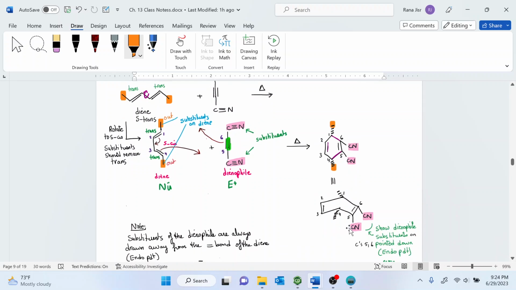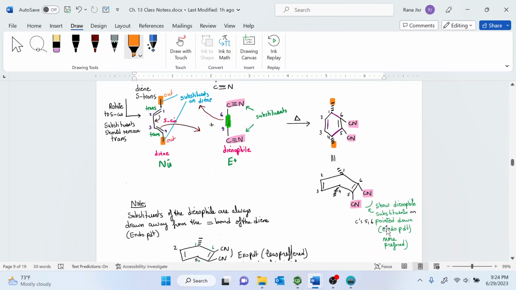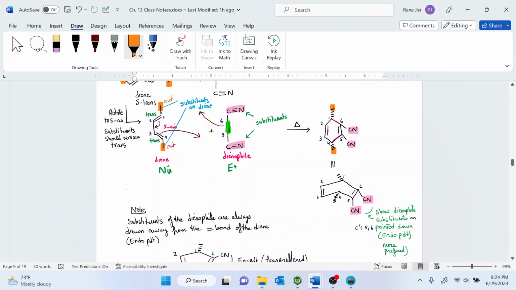Pointed down means that I am showing an endo product. So always make sure that the substituents on carbons 5 and 6 are pointed down, showing the endo product, meaning that they need to be away from the system of the diene when the diene approaches the dienophile. This is called the endo product.